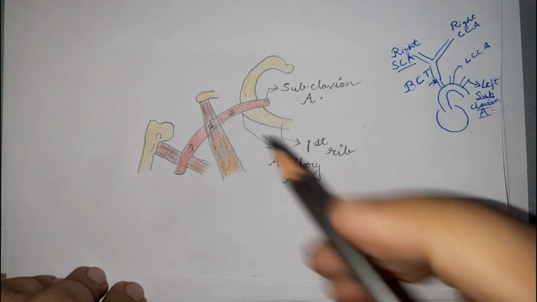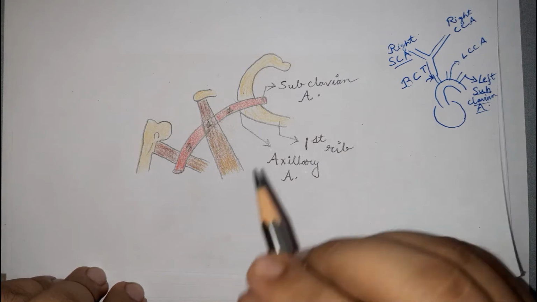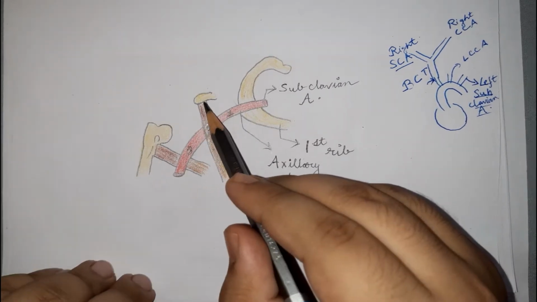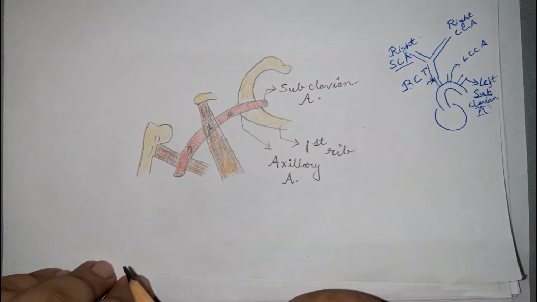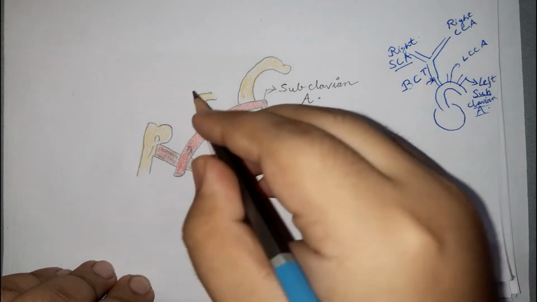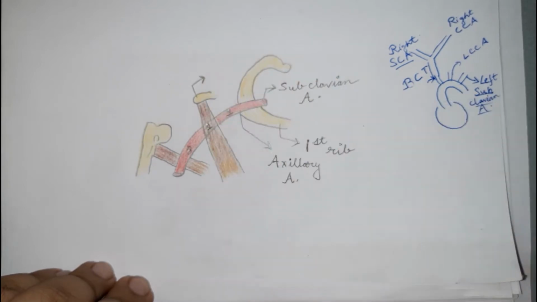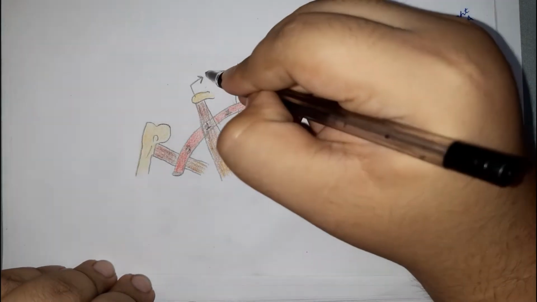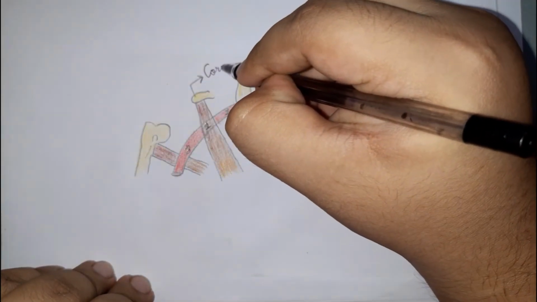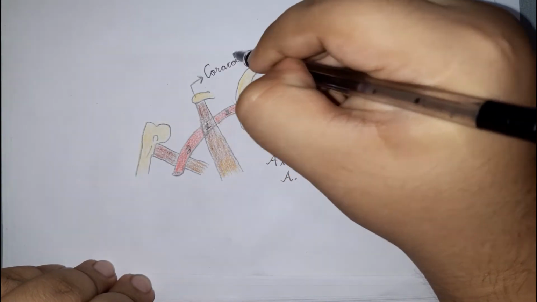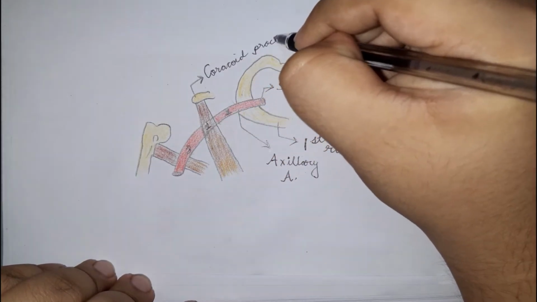So, what exactly is happening to the axillary artery? You see, I have also drawn these two muscles over here. This is a muscle arising from a bone over here. This bony process is the coracoid process. So what is happening?